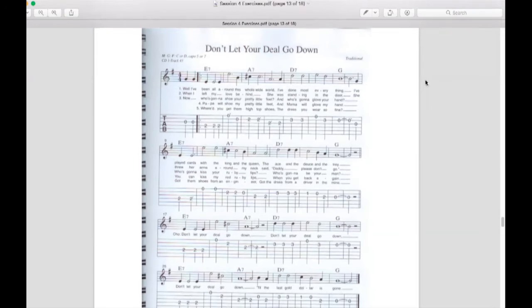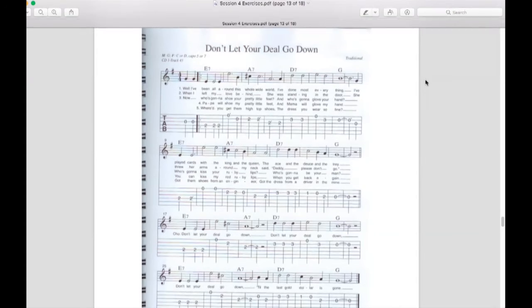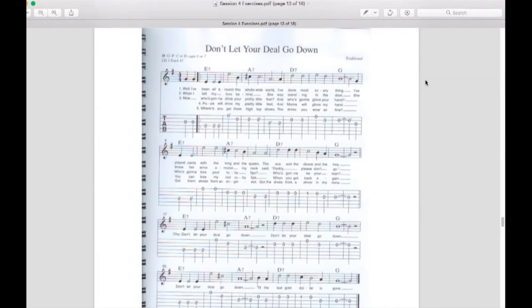E7, A7, D7, G. Well, don't let your deal go down. Don't let your deal go down. Don't let your deal go down till the last dollar is gone.